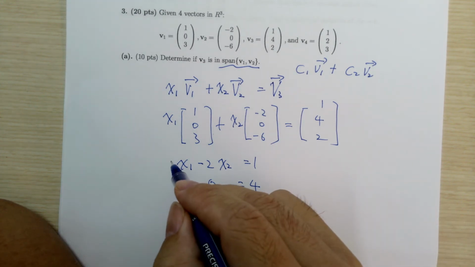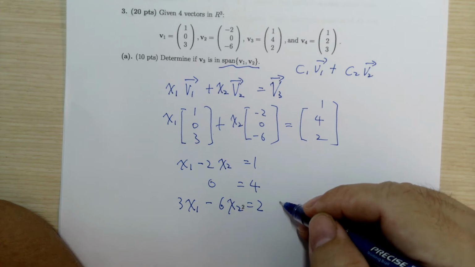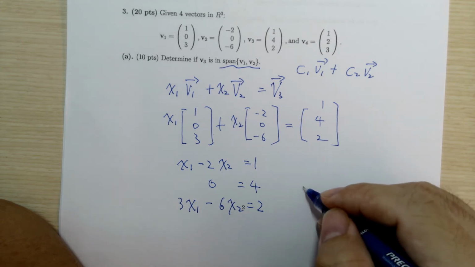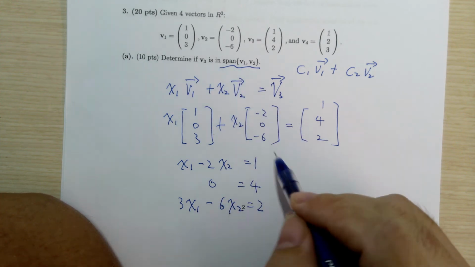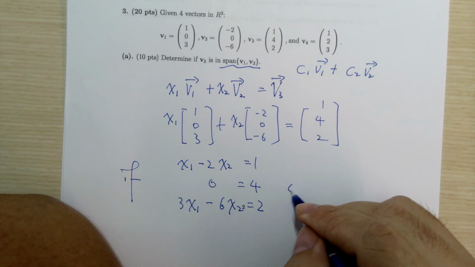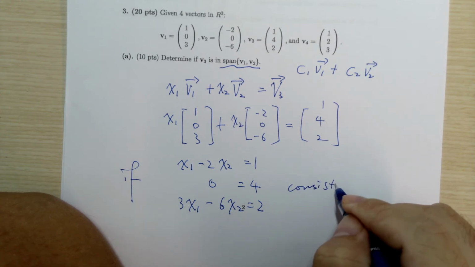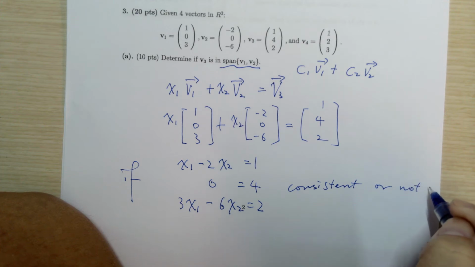So the problem becomes, okay, this is the vector equation, and this is the system of linear equations. So the question of whether v3 is in the span of this is equivalent to answering whether this system of equations is consistent or not, right?